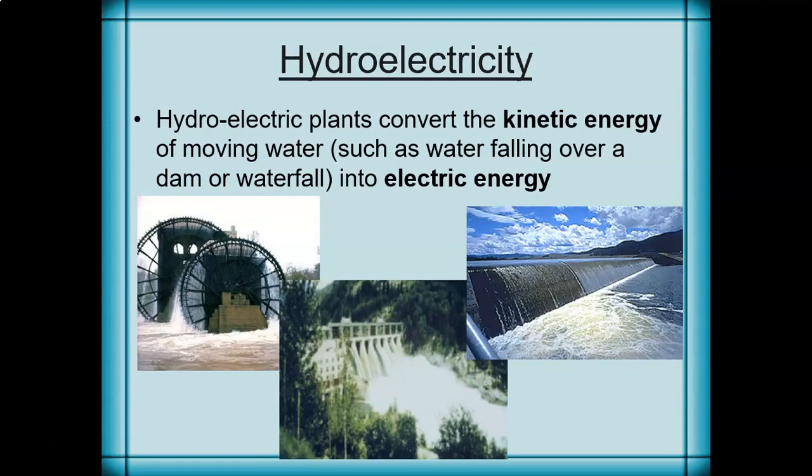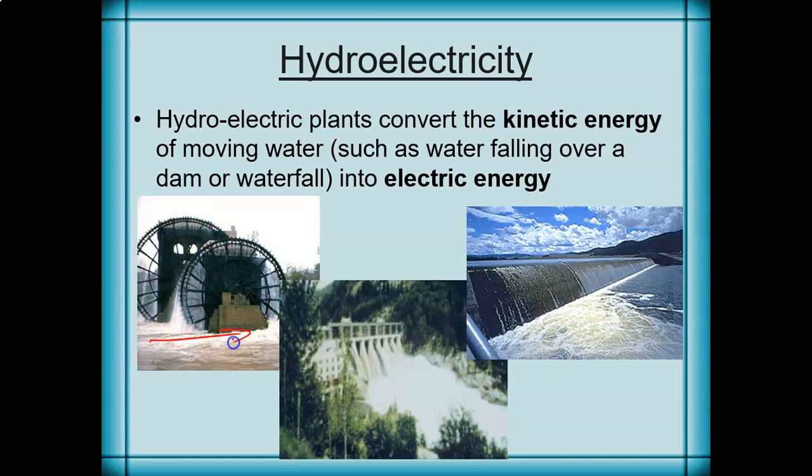Now, hydroelectricity is basically using kinetic energy of moving water that's already present. Usually water falling over a dam or a waterfall and turning it into that electric current. You still have the turbine, you still have the generator, you're still taking a kinetic store of energy. Instead of burning coal, however, you already have water that is moving.